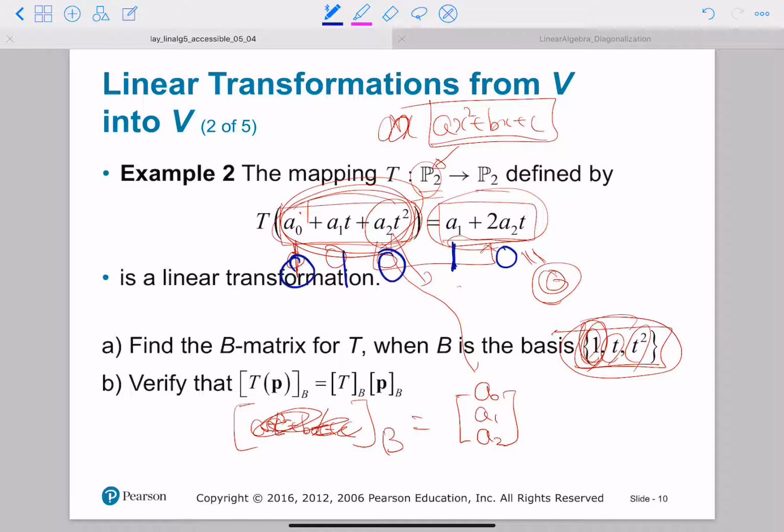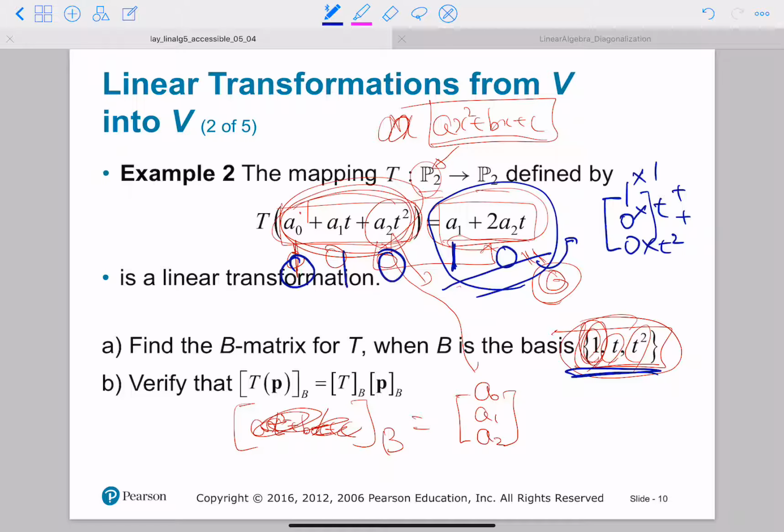And in this case, how can we represent it with respect to the basis vector B over here? That will be 1, 0, 0, right? Because this times 1, this times t, this times t squared, add them together, and then there will be this output.